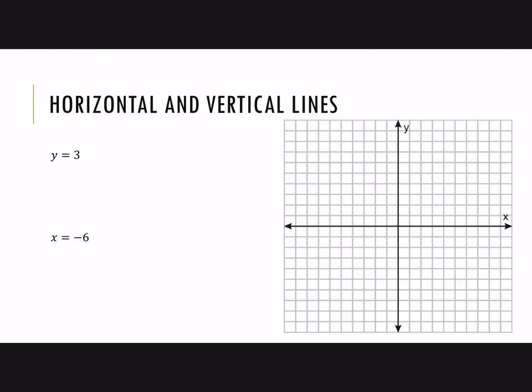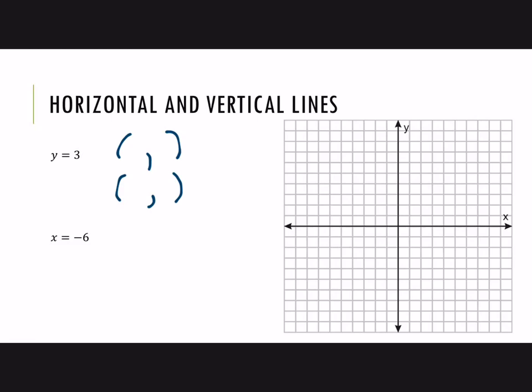We will end with talking about how to graph horizontal and vertical lines. Something like y equals 3 and x equals negative 6. So remember, if we go back to using points to graph lines, then to graph y equals 3, I just need to find two solutions that make that equation true.